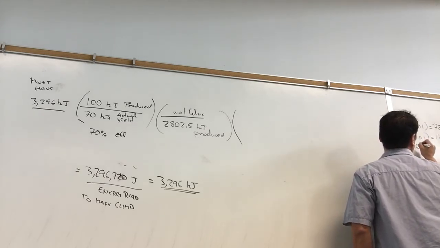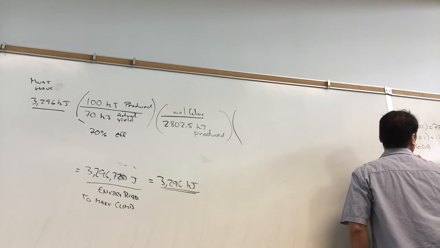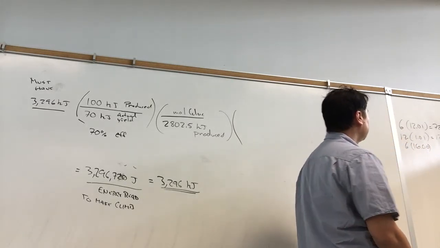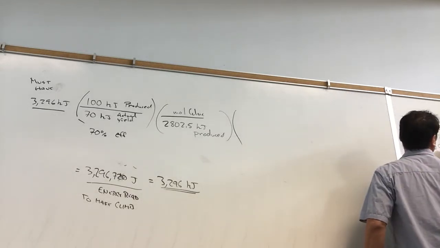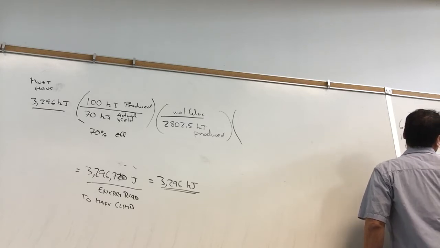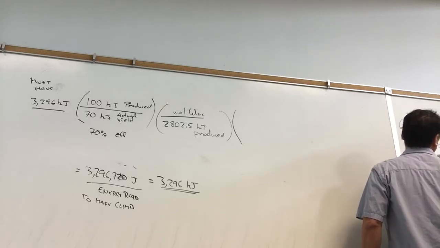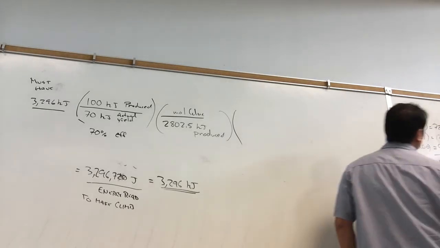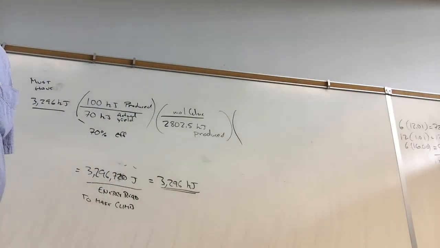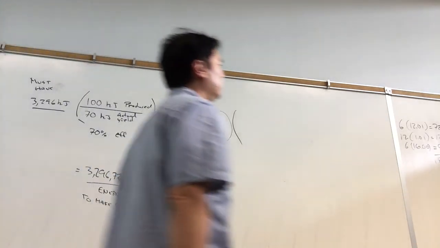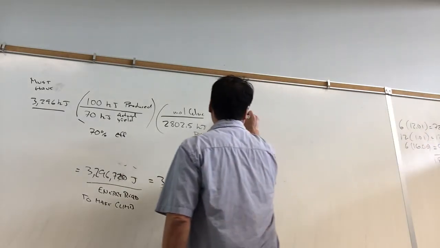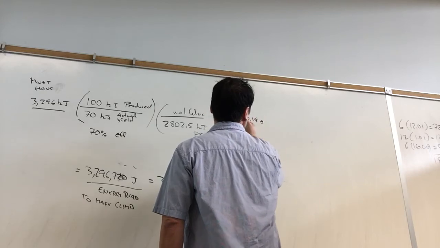And 6 oxygens, 6 times 16.00, which is 96. Adding up, 180.18. Let's make sure I did that right. 180.18. So 180.18 grams of glucose per mole.